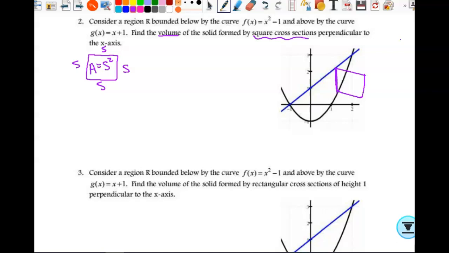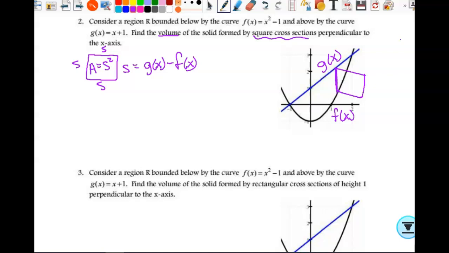The y's, right? So we had decided that this is f of x, this is g of x, right? So your s is equal to, that length right there is whatever the value of g of x is minus the value of f of x. We good with that?